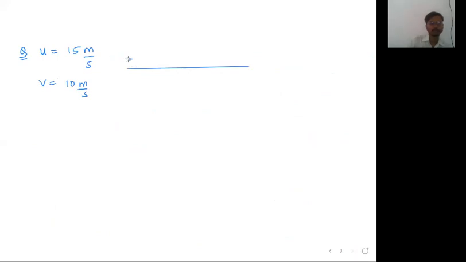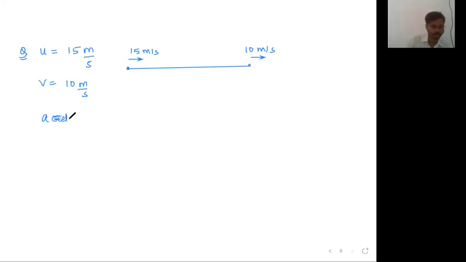Those values are 15 meter per second when the particle was present here, and when the particle is present here, the velocity is 10 meter per second. Now for the acceleration value, whether to call it acceleration or retardation is your choice.